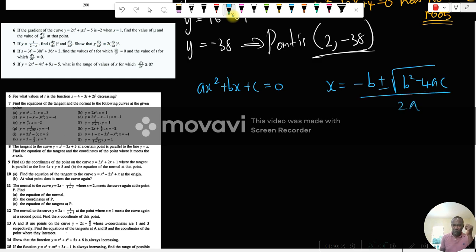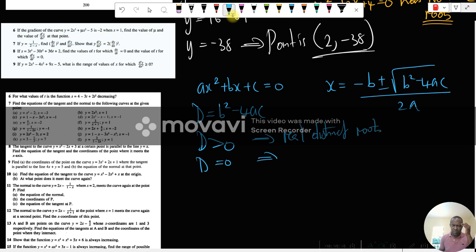Now, the discriminant D is equal to b squared minus 4ac. If D is greater than 0, then the quadratic has real distinct roots. However, if D is equal to 0, it has what we call equal or repeated roots.